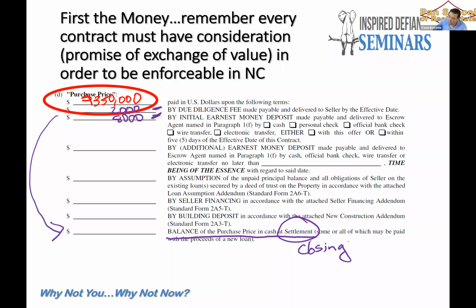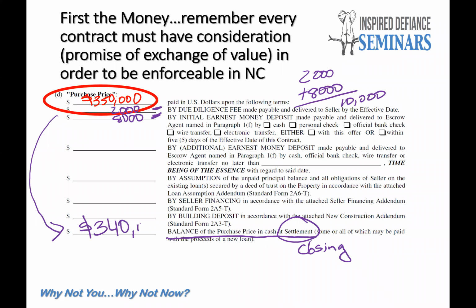If they've already paid a $2,000 due diligence fee and an $8,000 earnest money deposit, so they've already paid $10,000, do they owe $350 when we get to closing, or do they owe less than that when we get to closing? What number would be down here on the bottom that they would owe at closing? $340,000. Does that make sense for everybody?